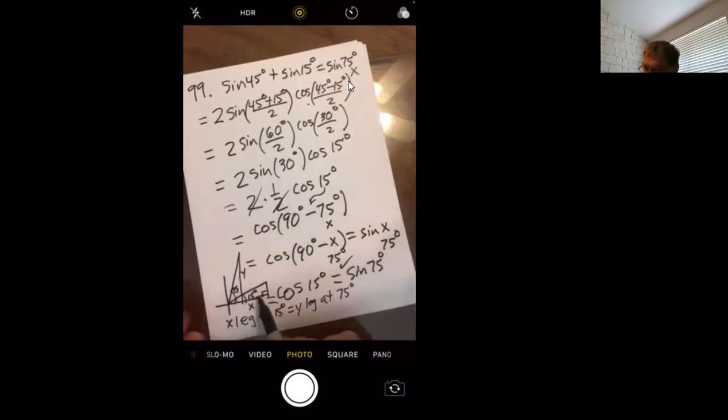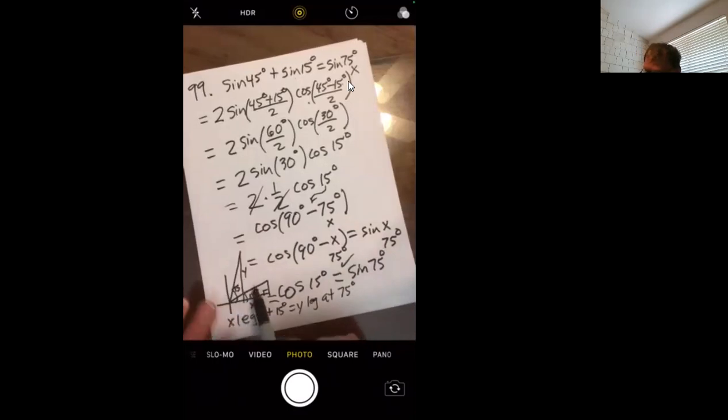In fact, there's nothing magical about 15 and 75. This occurs as long as the two angles add up to 90 degrees. The x leg on the one angle will equal the y leg on the other angle. That's all it's saying.